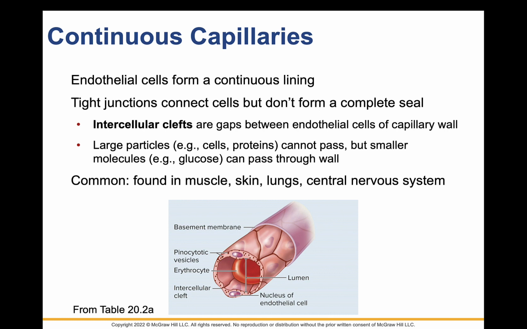They're going to have these intercellular clefts, which are gaps between the endothelial cells of the capillary wall. Things that are large are not going to be able to pass through, so proteins, for example, but smaller things, so glucose and amino acids, are able to pass through the wall of these capillaries. And generally, once again, these are the most common of all capillaries, and we pretty much find them everywhere.